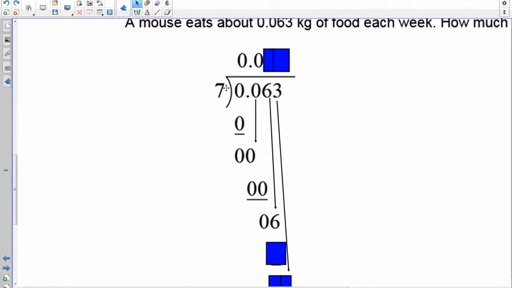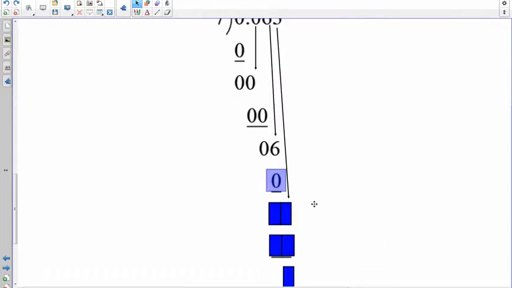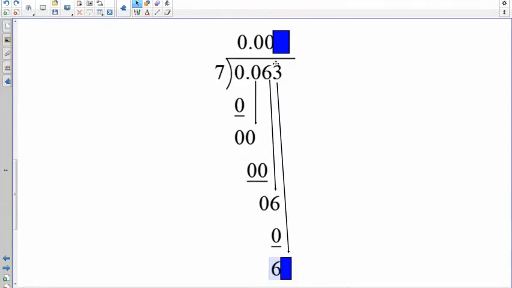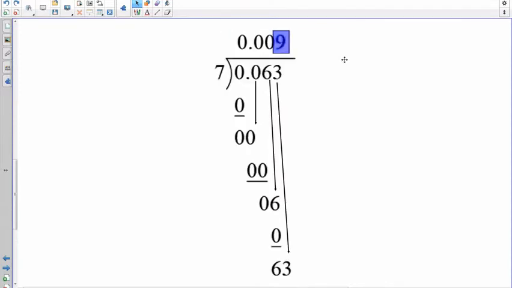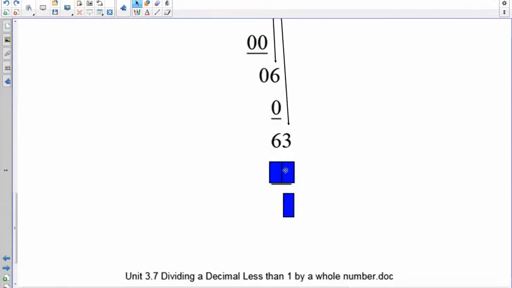Now, 7 will not go into 6 because you need to have 7. So that's another 0. And of course, when you subtract, you get a 6, and now you can bring down the 3. Now, 7 goes into 63 nine times, and 7 times 9 is 63. So 63 take away 63 is 0.